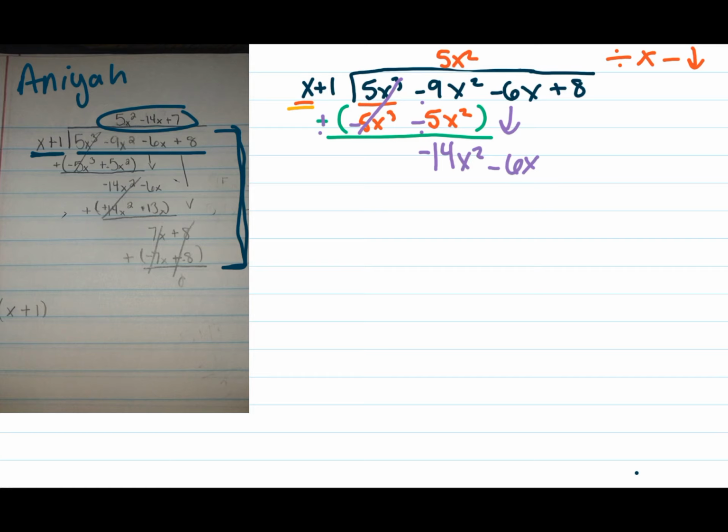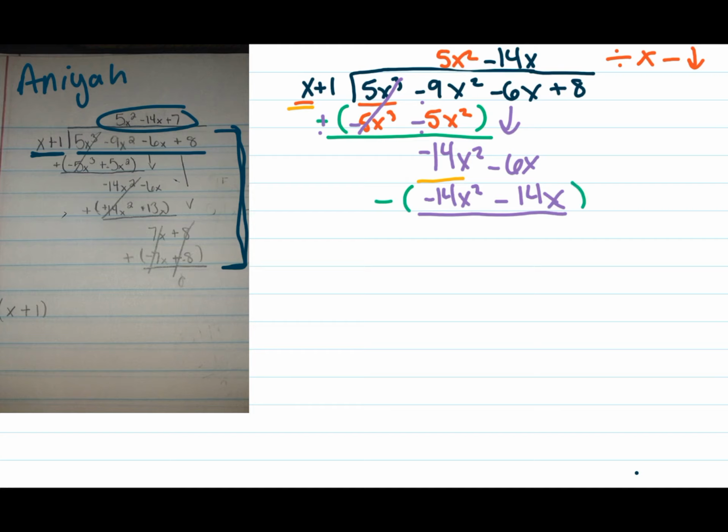So we're doing x into negative 14x squared. So that's going to give me negative 14x, and we're going to multiply back so that we can subtract. So negative 14x times x gives me negative 14x squared. Negative 14x times 1 is negative 14x. All right.